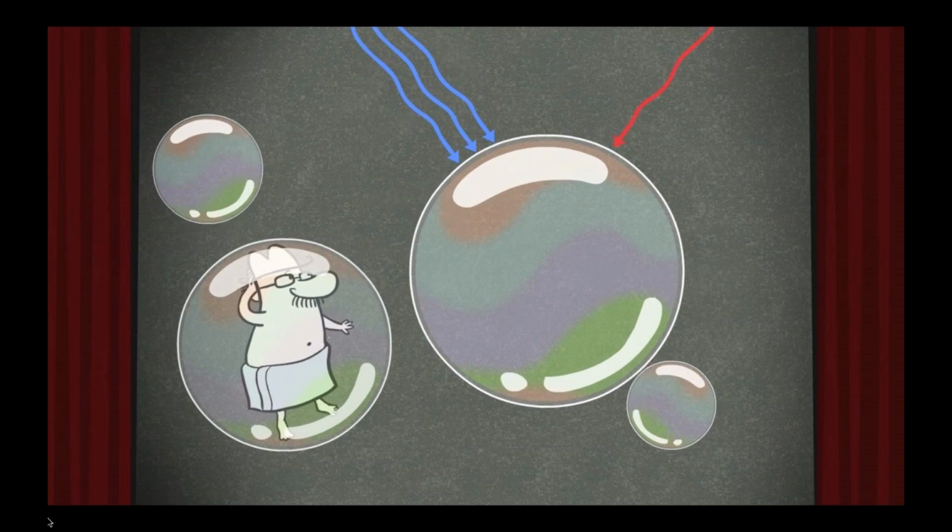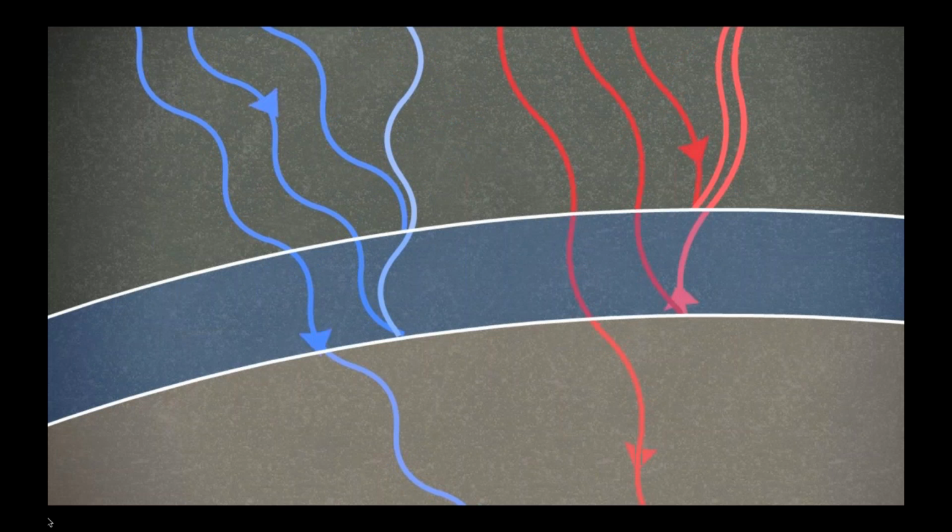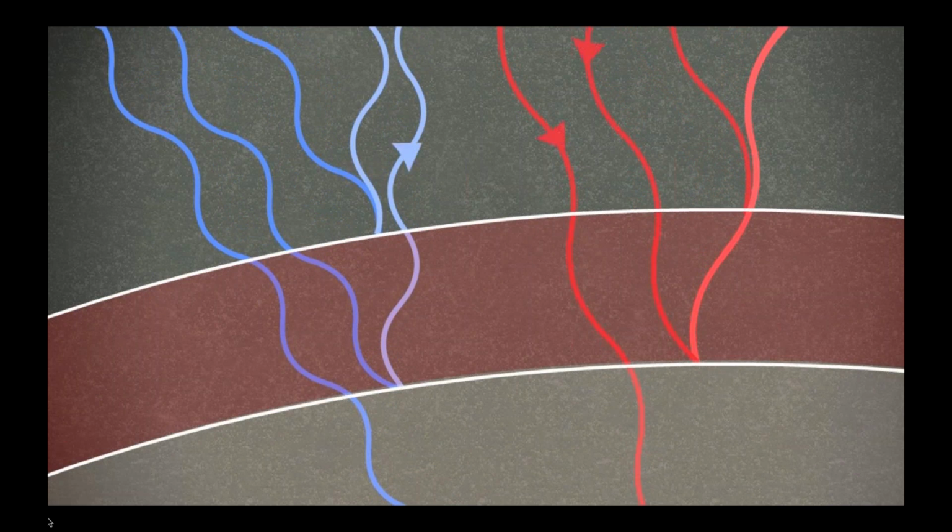Now, suppose a red light wave is hitting the same part of the bubble. Because red light waves are longer, the portions that reflect off the top and bottom surfaces do not line up. They cancel each other out and do not create a very strong red reflection. However, if the bubble was thicker, then the red light waves would line up and the blue light waves would cancel each other out, making the bubble appear red.